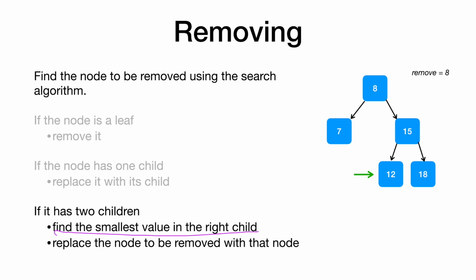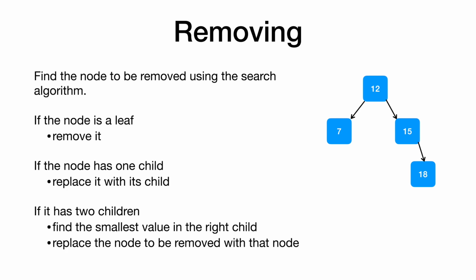So imagine it had 13 still on it, like at the beginning of the video. In that case, when we move 12 up, we then move 13 here. Okay, so that's the removal procedure from a binary search tree. And again, we'll go over implementation of this during the class period on Monday.